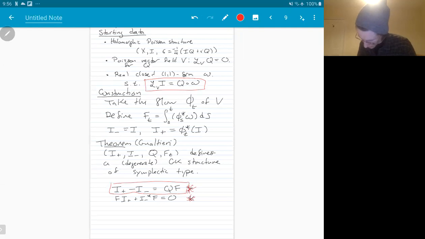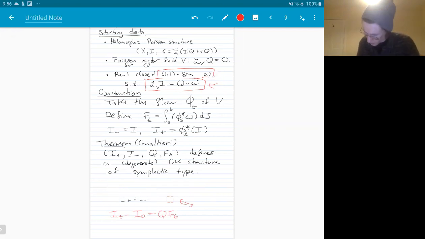Because this is like I of t minus I of 0 is equal to Q times F of t. So this equation is the integrated version of this one. And this equation, which is this joint 1-1 condition, comes from the fact that omega was closed. So that's essentially the reason why this works. We've just written the infinitesimal version of these two equations that we need to satisfy.